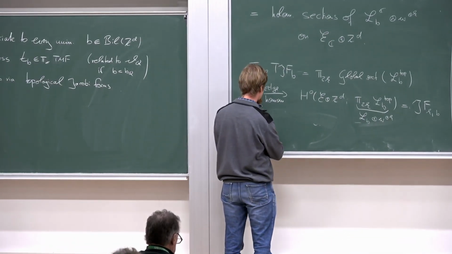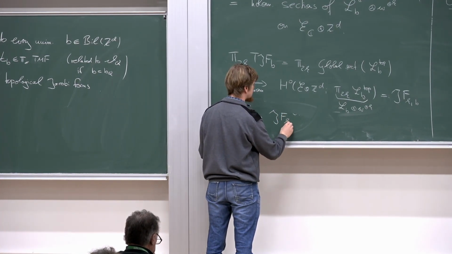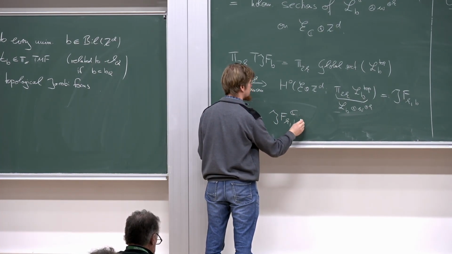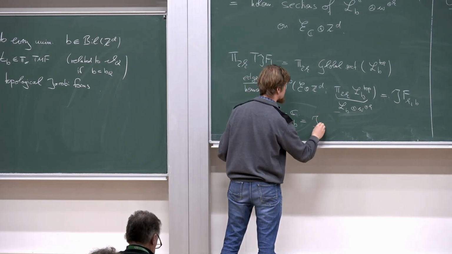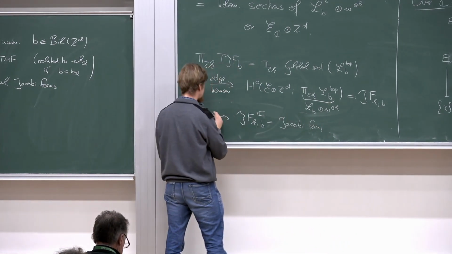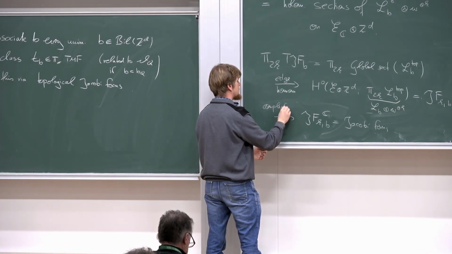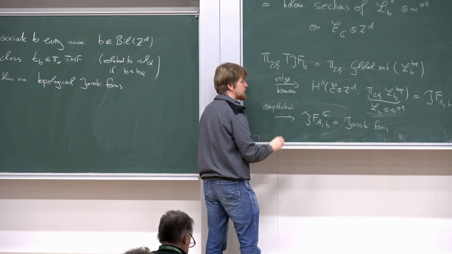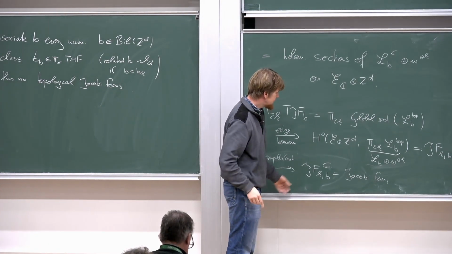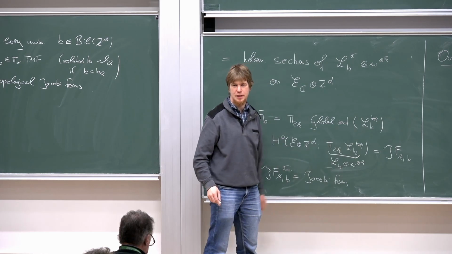And then I can go further to, let's call it this way, the usual Jacobi forms. This is complexification. Because if I complexify, I get the same global sections where I have the complexified line bundle.